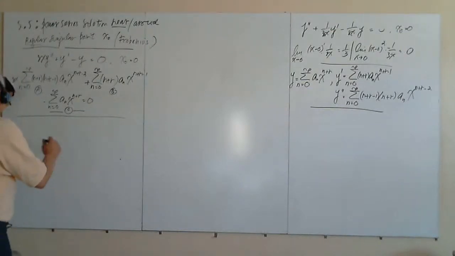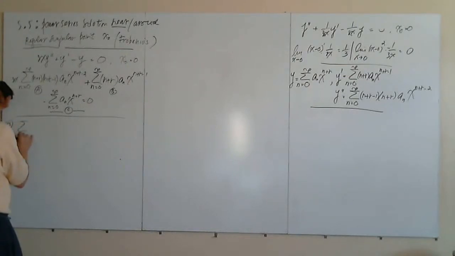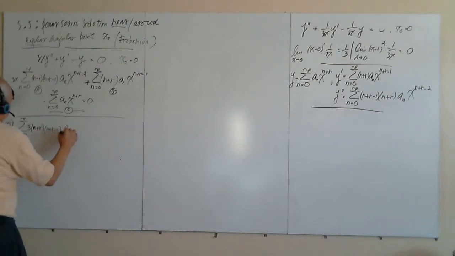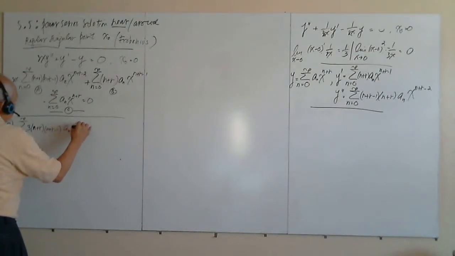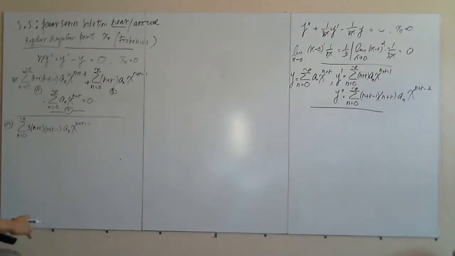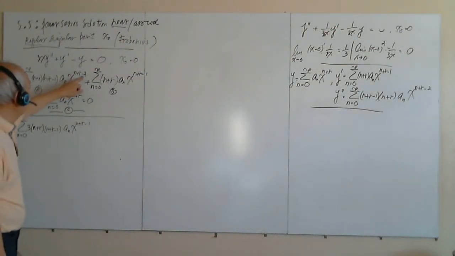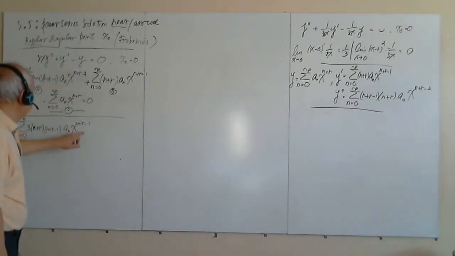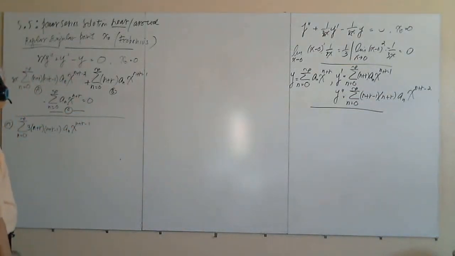So this one is A: sigma, sum n equal to 0 to infinity, 3 times n plus r, times n plus r minus 1, a sub n, x to the n plus r minus 1. Yes, I'm making a shortcut. I'm no longer talking about canceling out -1 into -2 into -1. So this is A. Excellent. Let's put it aside.